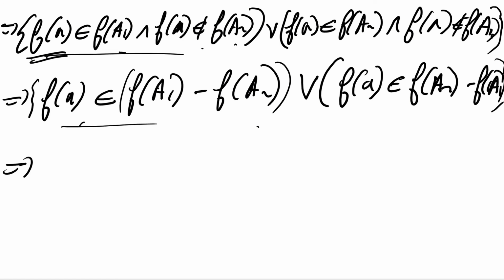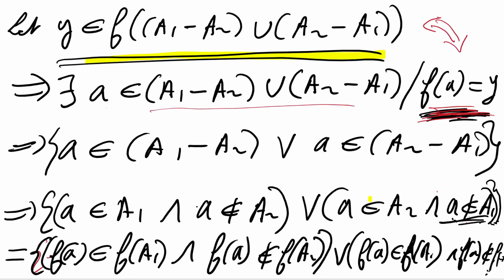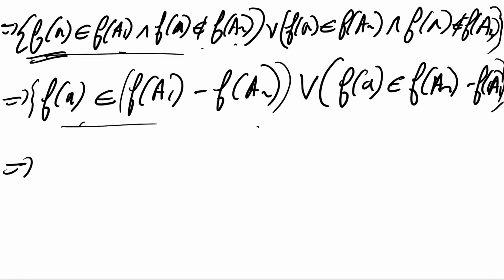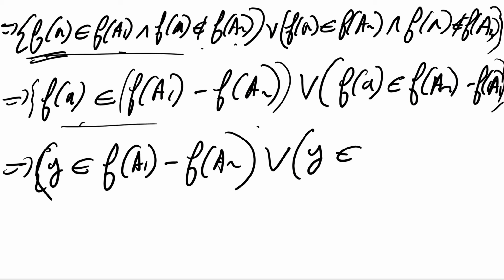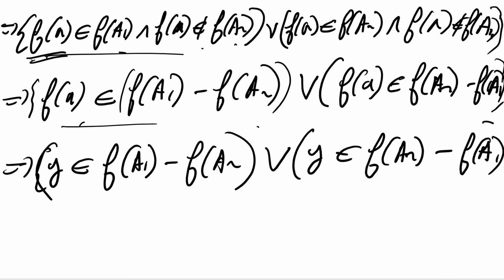We saw that based on how we started, f of A was y. So we go back here, we replace f of A by y. That means y is in f of A1 minus f of A2, or y is in f of A2 minus f of A1, right?